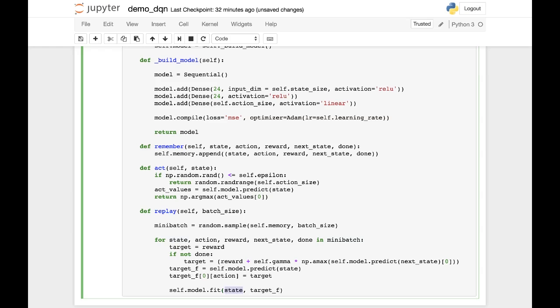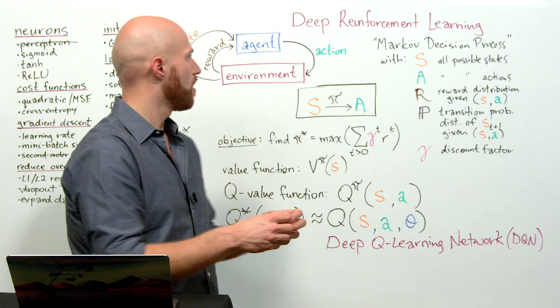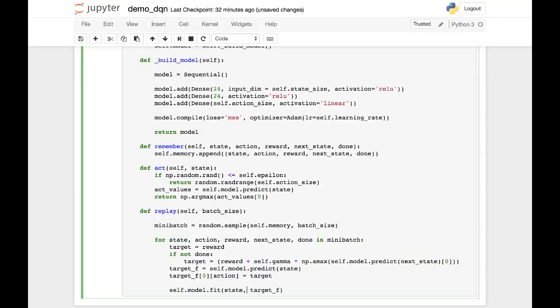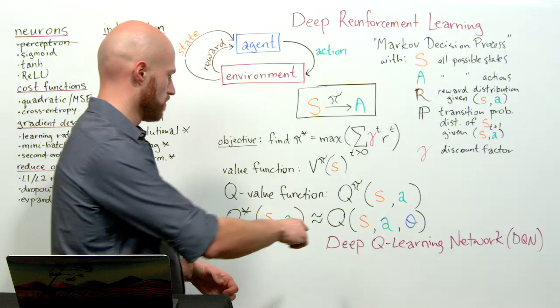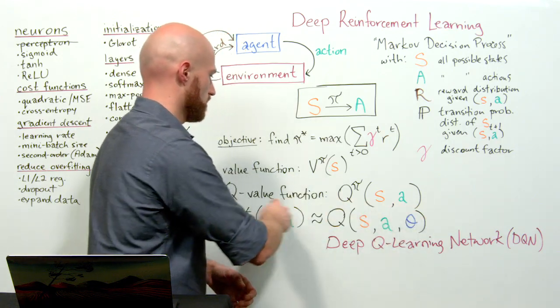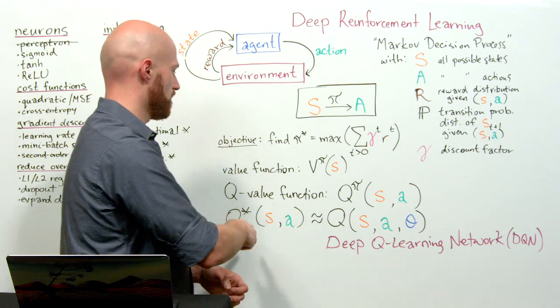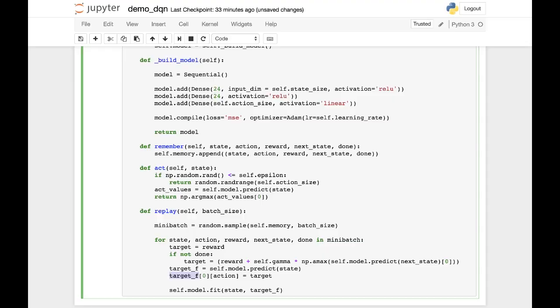So our x's into the model, our inputs into the model, are the current state. Our y in the model is the predicted future reward. And so here we're modeling this relationship. We're using deep Q learning to model the optimal Q star.